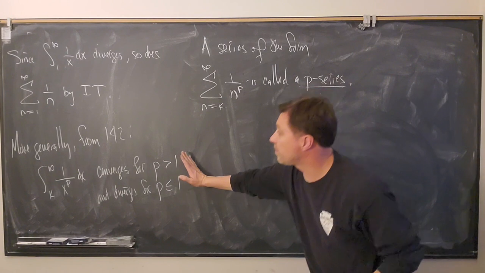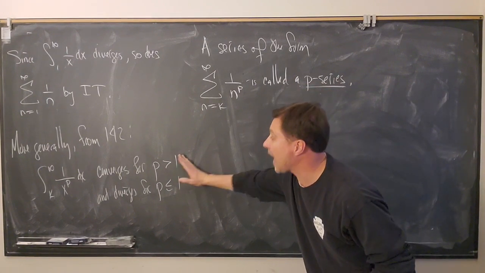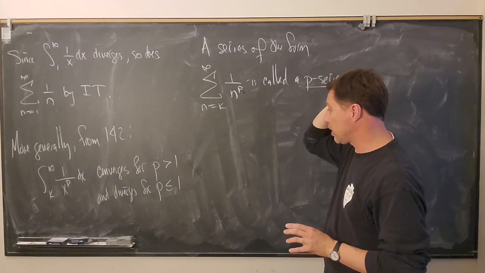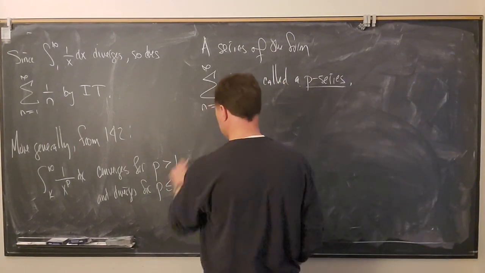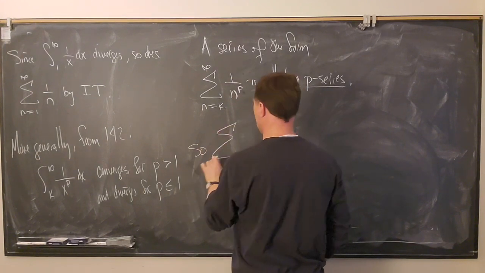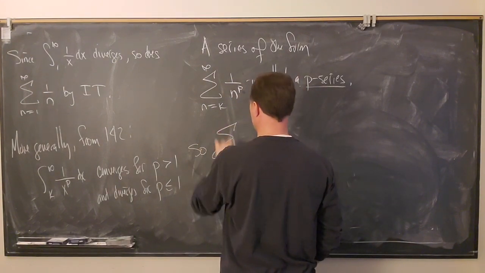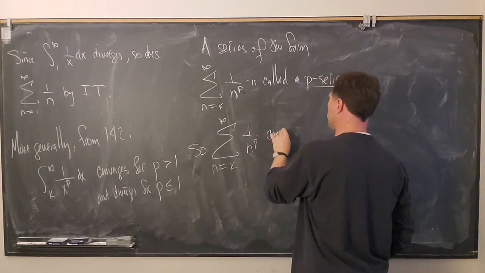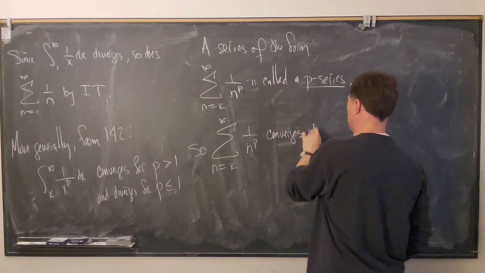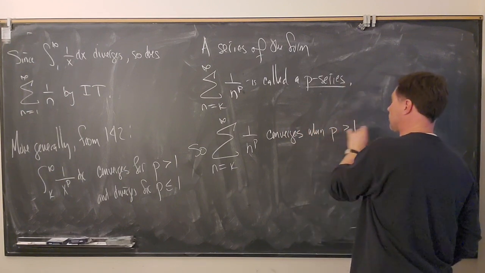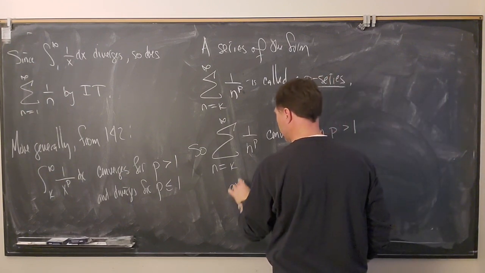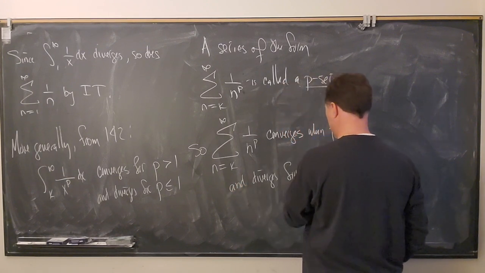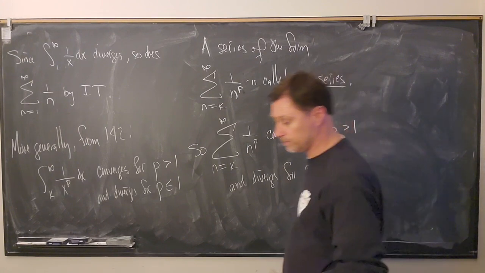And so from this, we know exactly which values of p give us a convergent versus divergent p-series. So the sum from n equals k to infinity of 1 over n to the p converges when p is strictly greater than 1 and diverges for p less than or equal to 1.